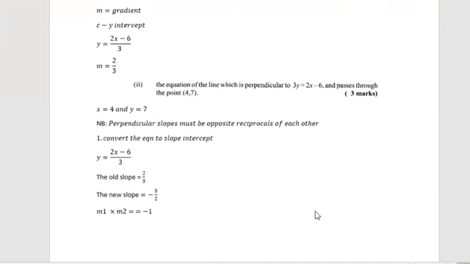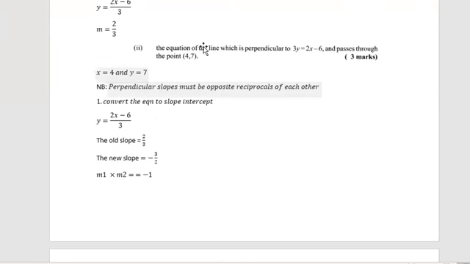So again, the parts that are important: determine the equation of the line which is perpendicular to 3y is equal to 2x minus 6, and passes through the point 4 and 7. First, we'll need to state what our new gradient, our new slope, is. And as we know, perpendicular slopes must be the opposite of each other. So this first part here is very important.